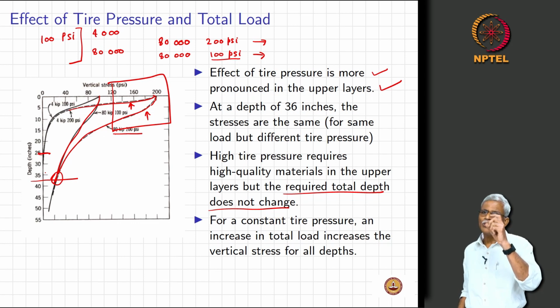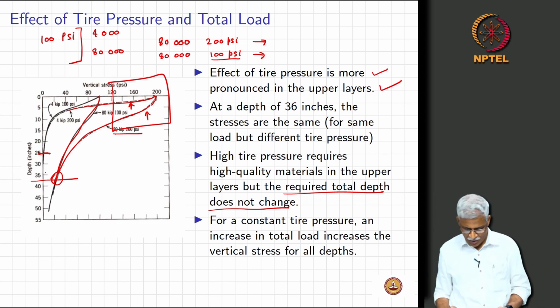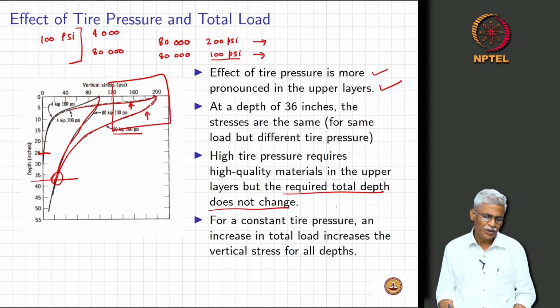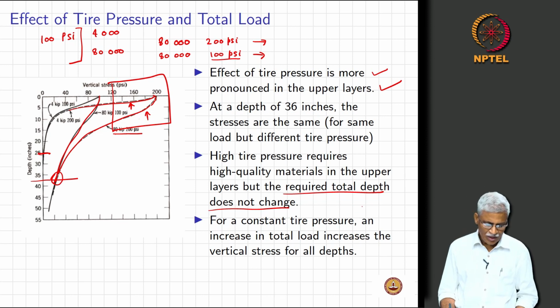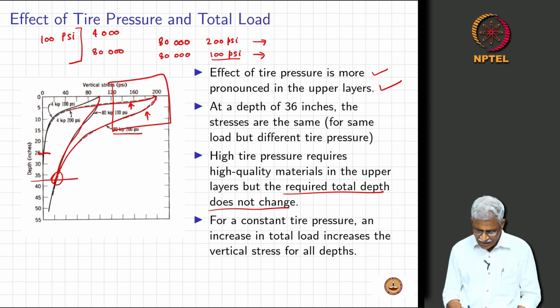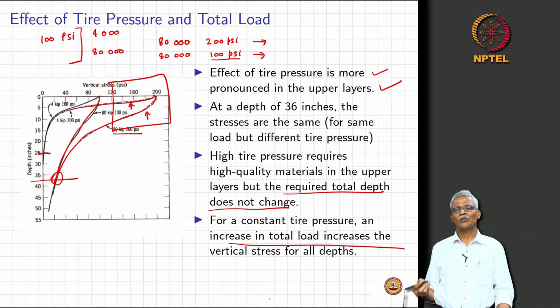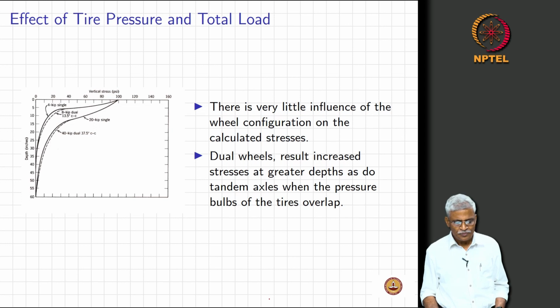So, you need a slightly higher E value there, but if you are looking at a constant tire pressure, let us say 100 psi or 200 psi, the increase in the total load increases the vertical stress for all the depths. That is very clear from this graph.